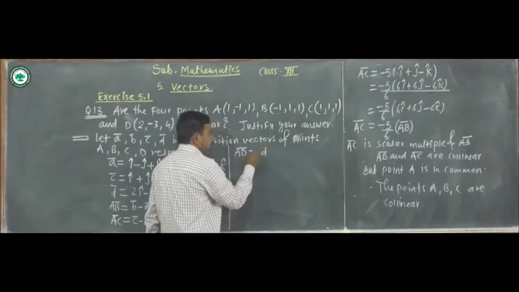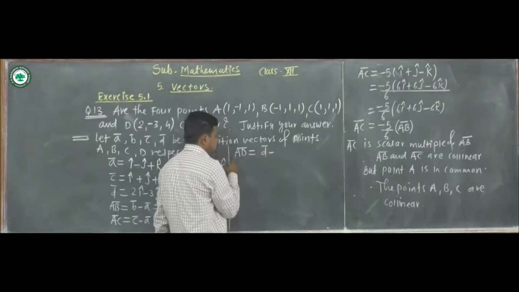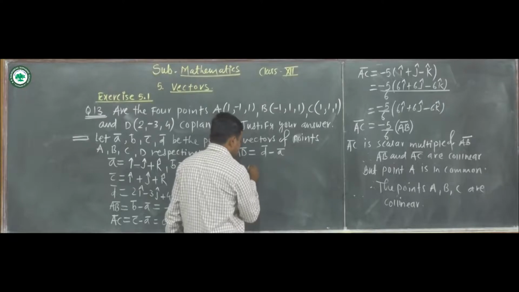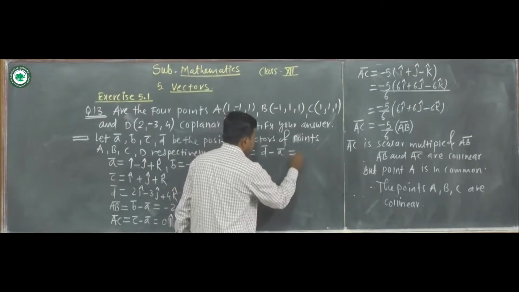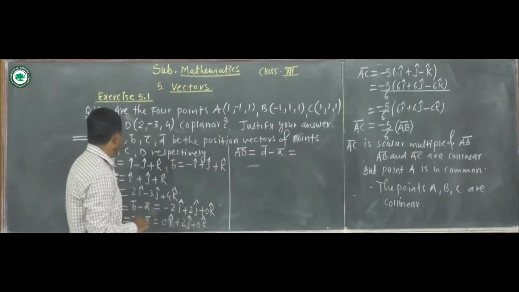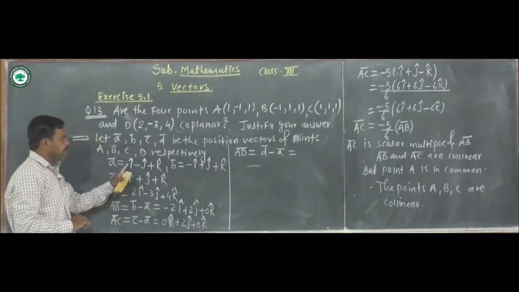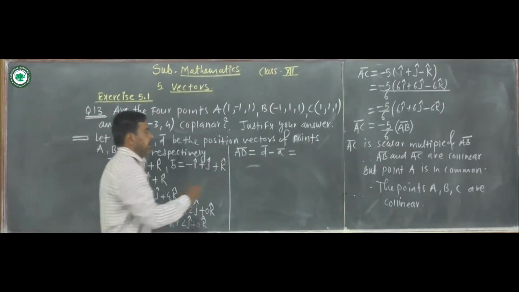Now AD bar. Position vector of the point D, that is D bar, minus position vector of the point A, that is A bar. So D bar minus A bar is equal to 2 I cap minus I cap, I cap.